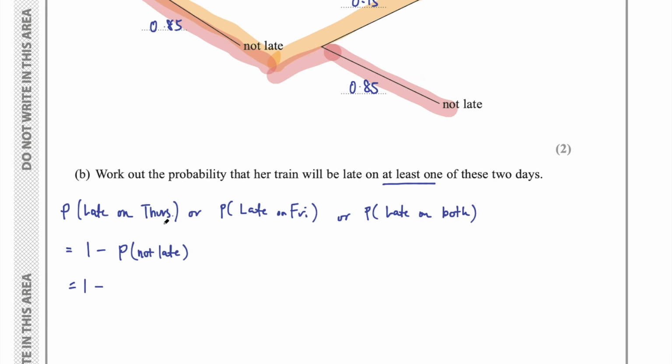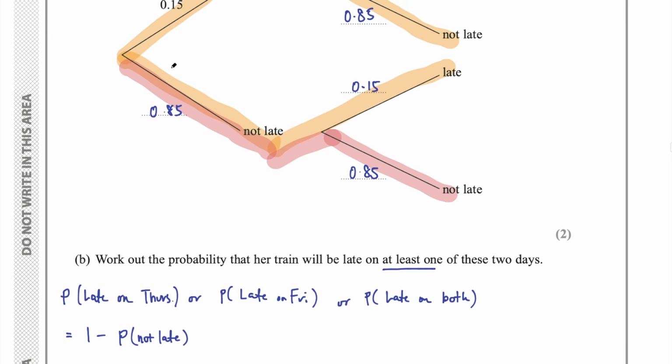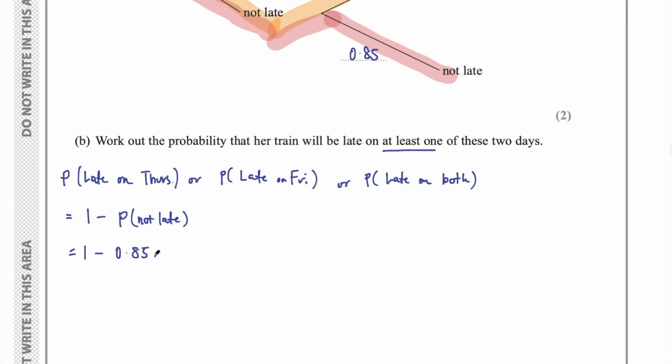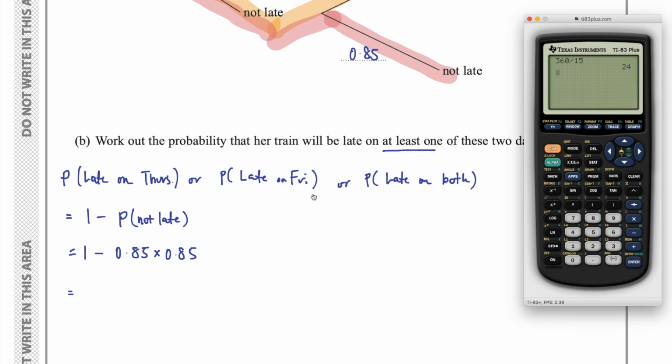To work out this probability, we have a 0.85 chance of not being late on Thursday, and we multiply that by the 0.85 chance of not being late on Friday. So this is going to equal 0.85 multiplied by 0.85. So 1 subtract this. Let's put that into a calculator.